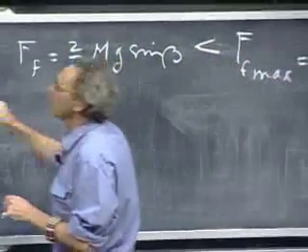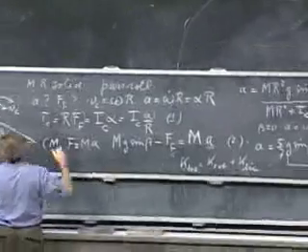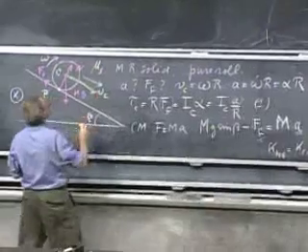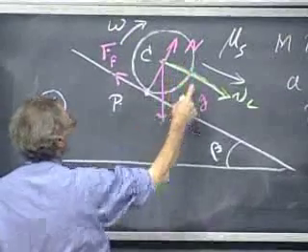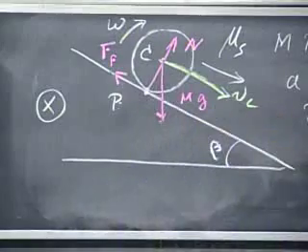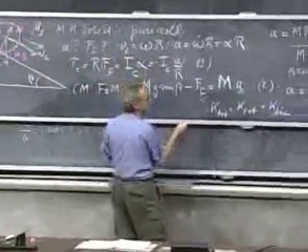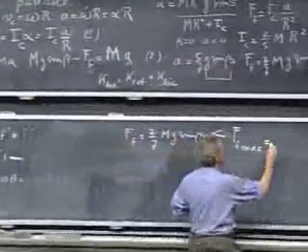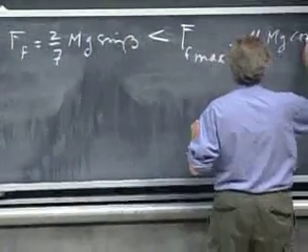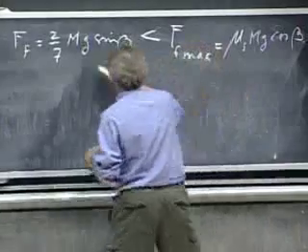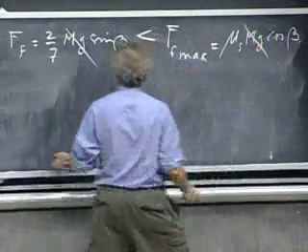But the maximum frictional force is mu s, the static friction coefficient, times this value n. And this value n is mg cosine beta. And so this is mu s times mg cosine beta. I lose my mg, no surprise.